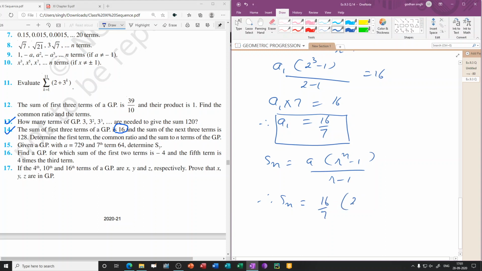What is r? 2 raised to n minus 1 over 2 minus 1, and this will give us, therefore Sn equal to 16 by 7 into 2 raised to n minus 1. So this is the sum of the first n terms of the GP. So with this, question number 14 is also complete.